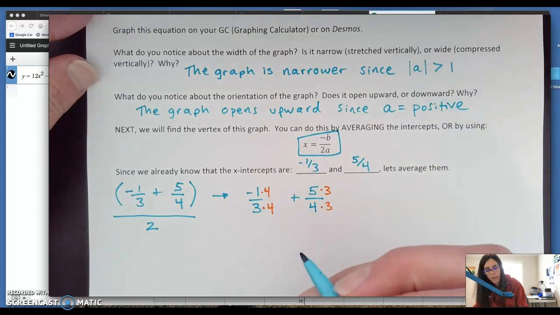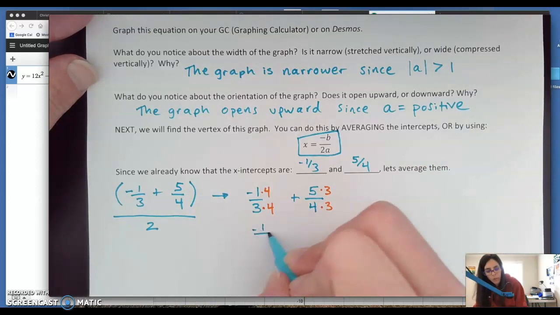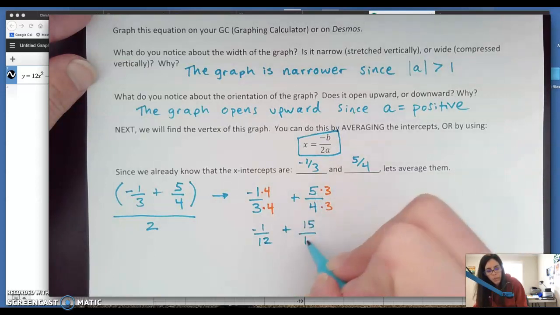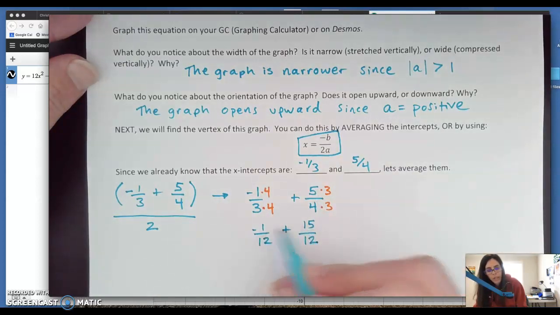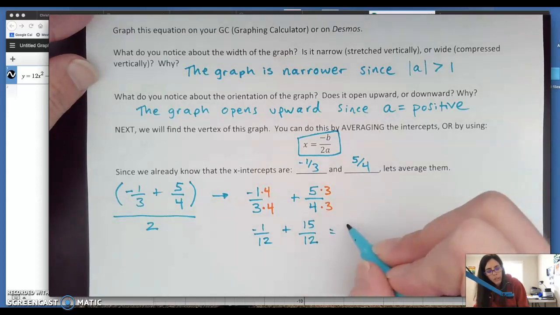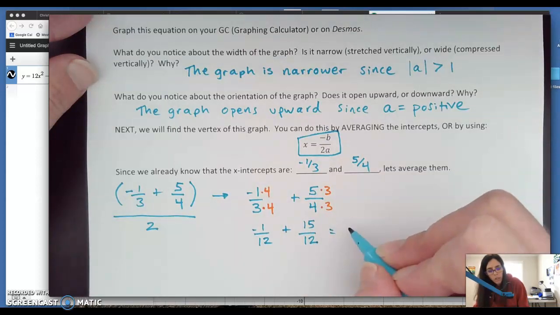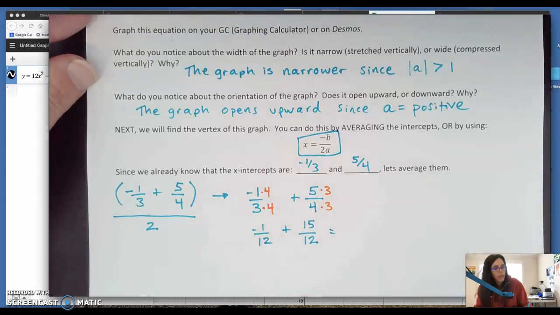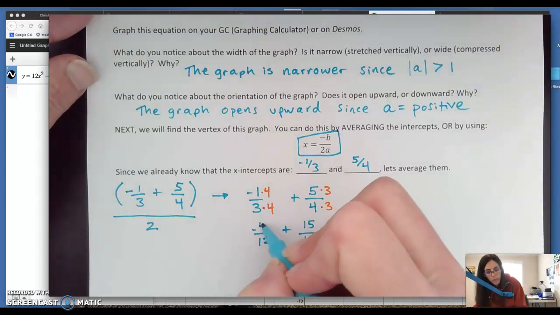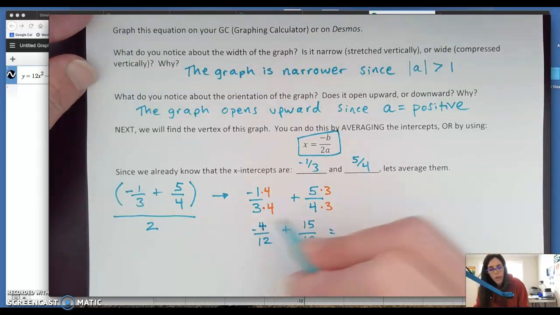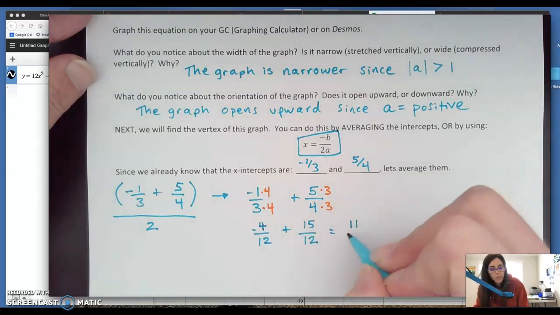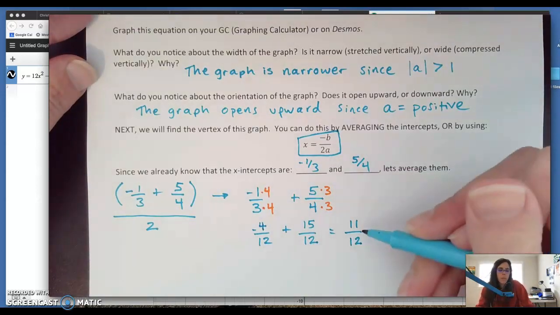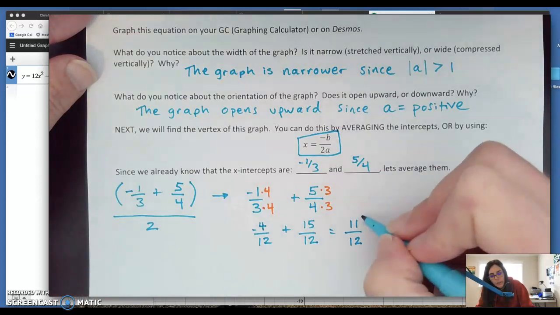Okay, so now I get negative 1/12 plus 15 over 12. And then I'm going to add those together. And so in the numerator, I would end up with, I'm sorry, I just noticed right here that's not negative 1, that's negative 4. So now I would add them and get positive 11 over 12. And that would be already simplified, so I guess we can circle it.